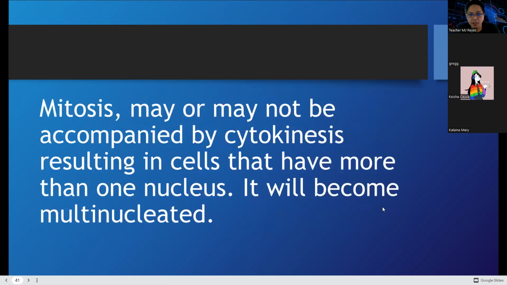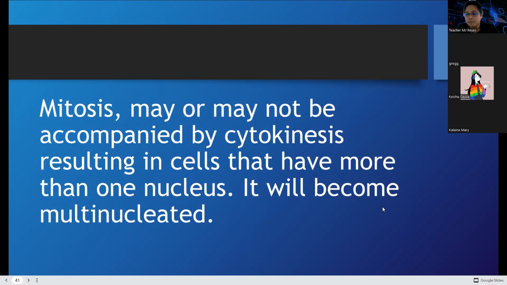Mitosis may not be accompanied by cytokinesis, resulting in cells with more than one nucleus, or two nuclei. It will become multi-nucleated. Sometimes cytokinesis doesn't happen.